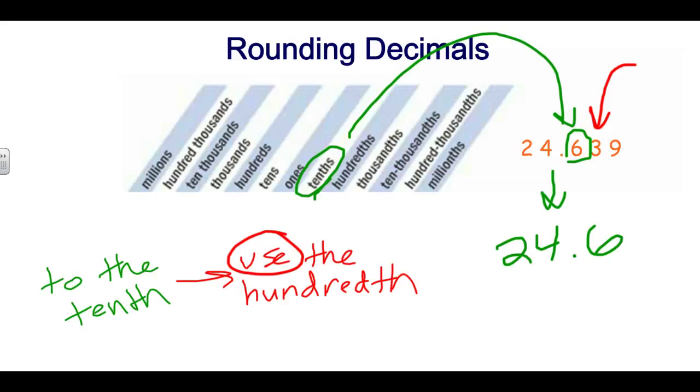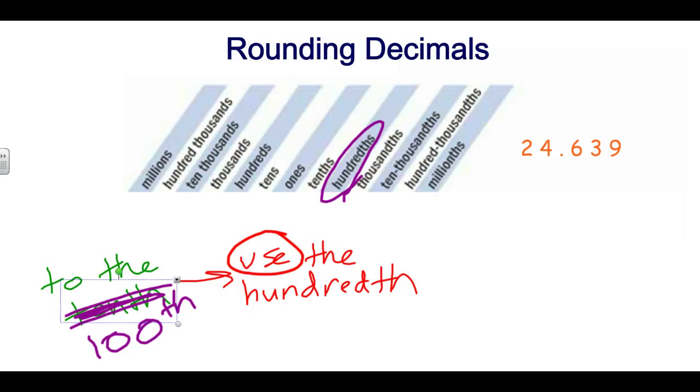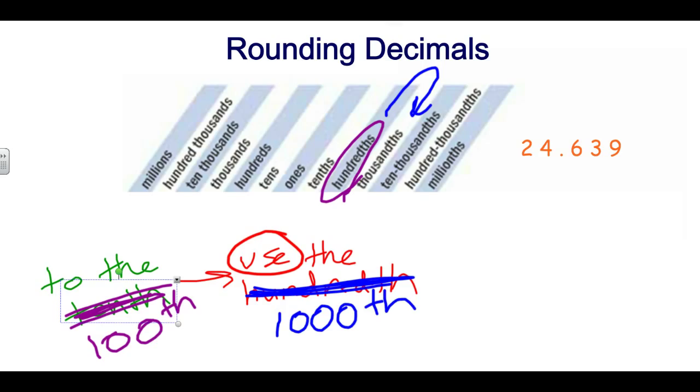Now, let's say we wanted to round to the nearest hundredths place. So now, if we are rounding to the hundredths, we're going to use the place value immediately to its right, so we're going to use the thousandths to round.